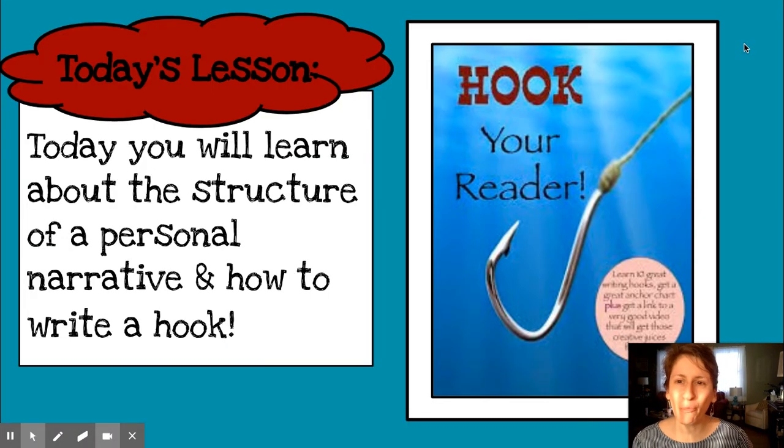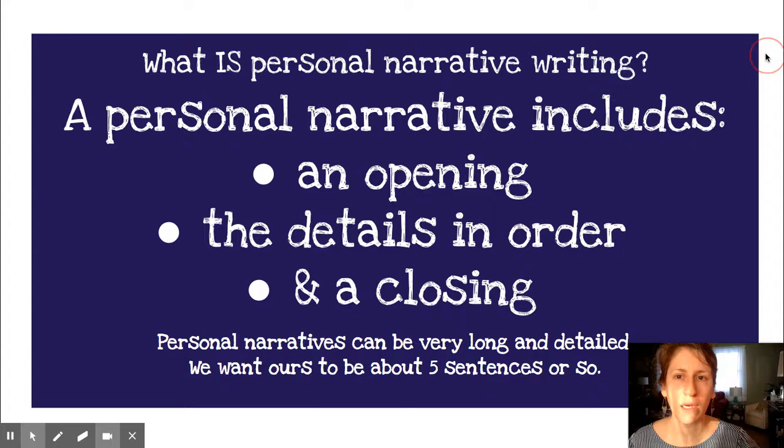Okay, so today we are going to learn about the structure of a personal narrative and how to write a hook. Yes, a hook. Okay, so a personal narrative includes an opening, details in order, and a closing. Does that sound familiar?